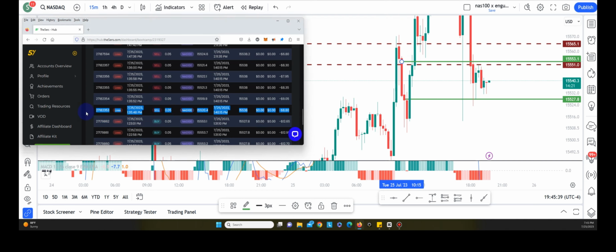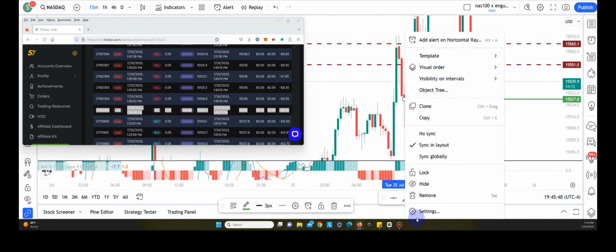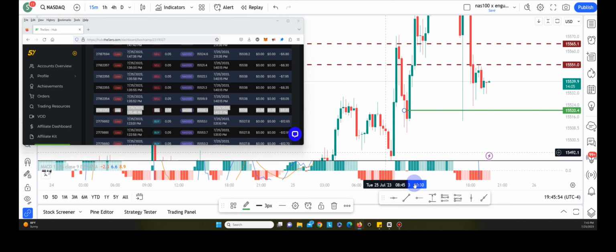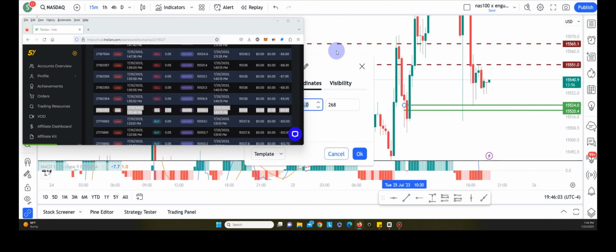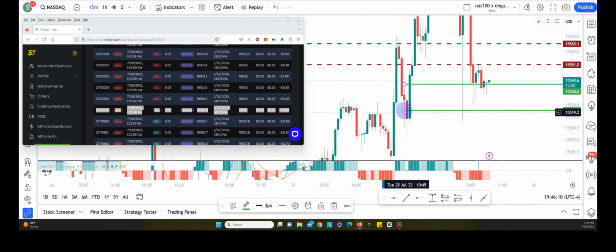And then moving on, we went to the 10:30 candle, and this was at 15,520.4. I entered a sell position there. I got stopped out on the same candle at 15,538.38, right?